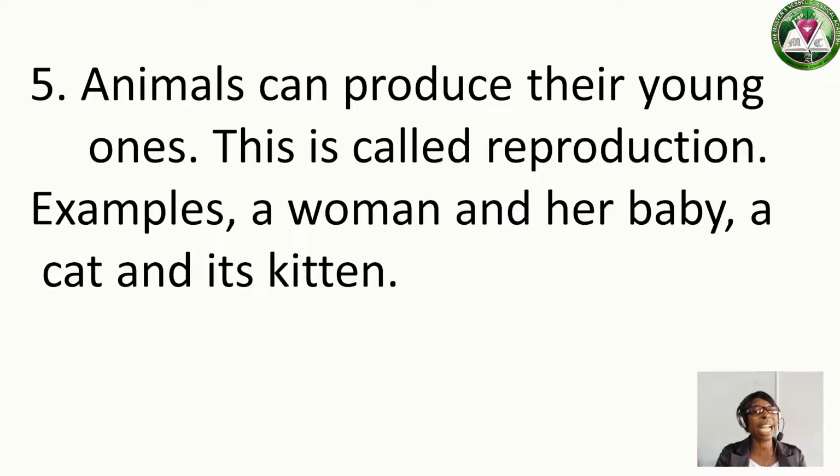It means that the cat will go extinct. It will no longer be in existence. So that's the reason for reproduction. There must be reproduction. So animals can produce their young ones, and this shows that animals are living things.